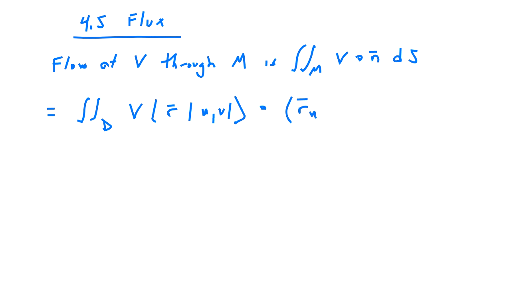And the way we get the normal is by looking at the cross product of the two tangent vectors, because those will be parallel to the surface. Therefore, the cross product will be normal to the surface. In general, then, we have to be a little bit careful, because we're going to be wanting the flow in one direction. So if we just take the cross product, we get a normal vector, and we just might have to check to see if we have the one we want.